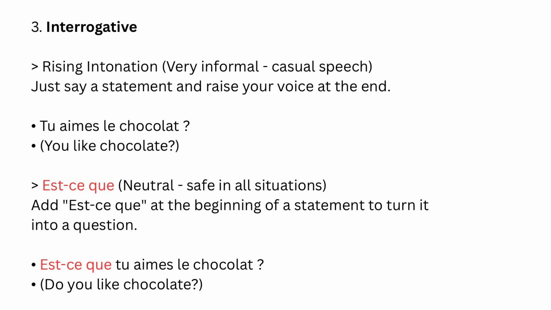And the second step is to add these three words right before your sentence. Est-ce que. If you put est-ce que before your sentence, then it becomes a question. Earlier we saw a sentence, "Tu aimes le chocolat," you like the chocolate. Before that, I have put est-ce que and I will get the question, do you like chocolate? Est-ce que tu aimes le chocolat?